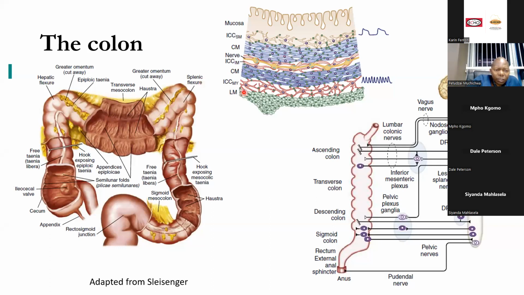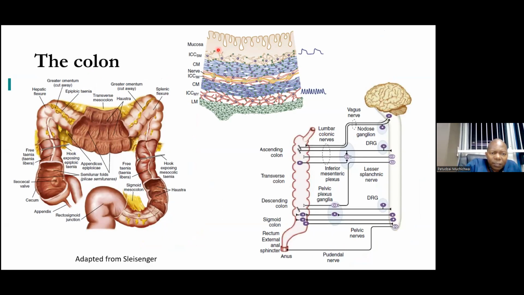Having a look at the cross-section of the colon, from inside out, we have the mucosa, followed by the submucosa, with a muscular layer, of which the inner one is the circular muscle and the outer one the longitudinal muscle. After that, we have the serosa.